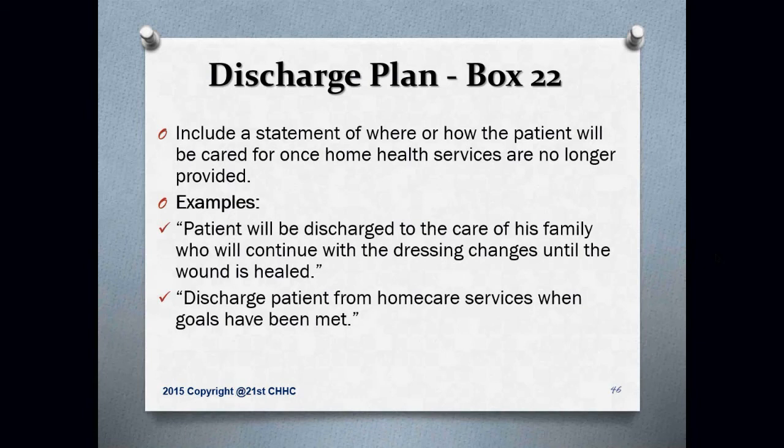Maybe until the patient's family can take care of the dressings, or maybe when all of the goals have been met, the teaching, the patient's able to take their meds and demonstrate understanding of side effects of their medications, or managing their diabetes, or using their inhalers correctly, something of that nature.